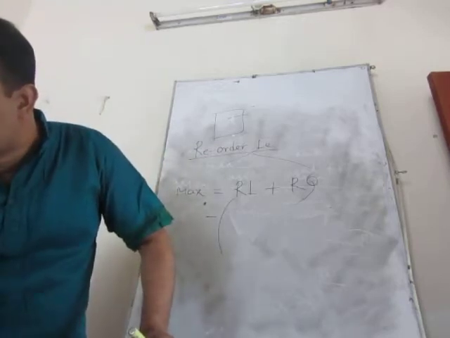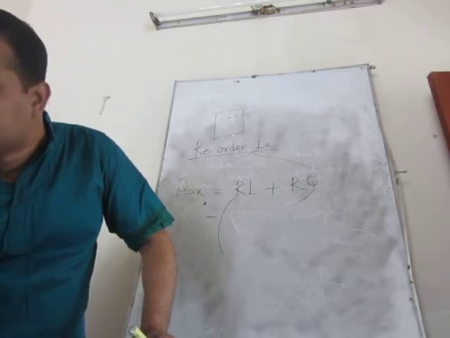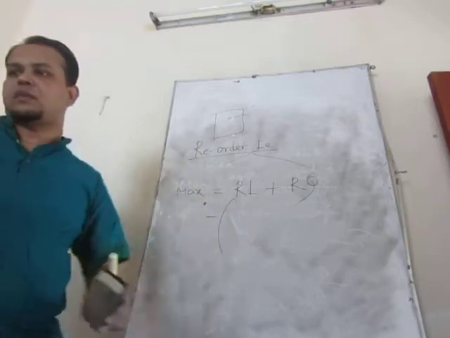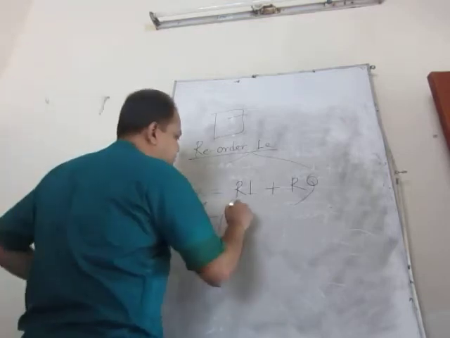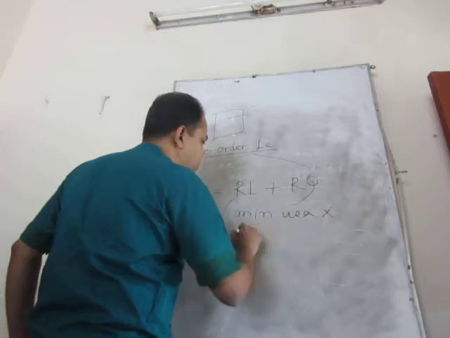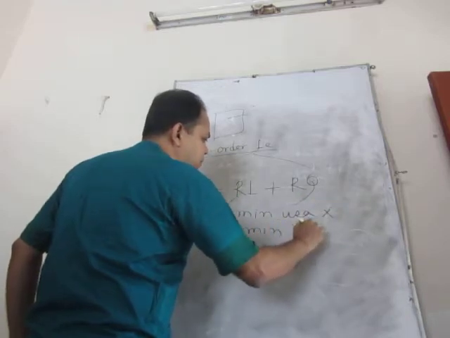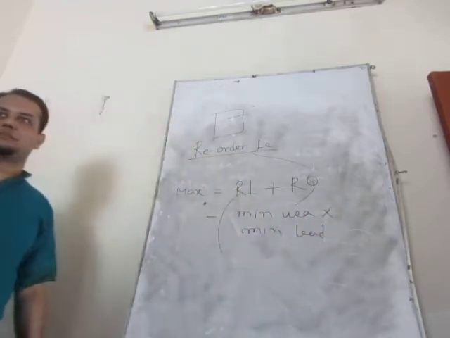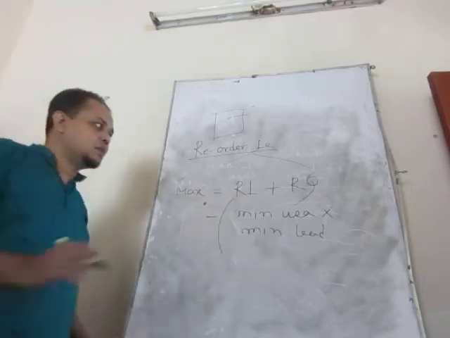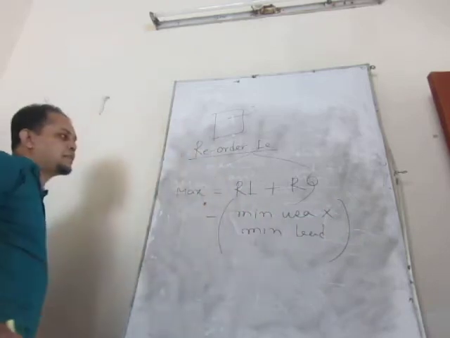It's a rule, you have to memorize this, nothing more than that. That means you have to use the minimum from max and min, to provide you the maximum level.